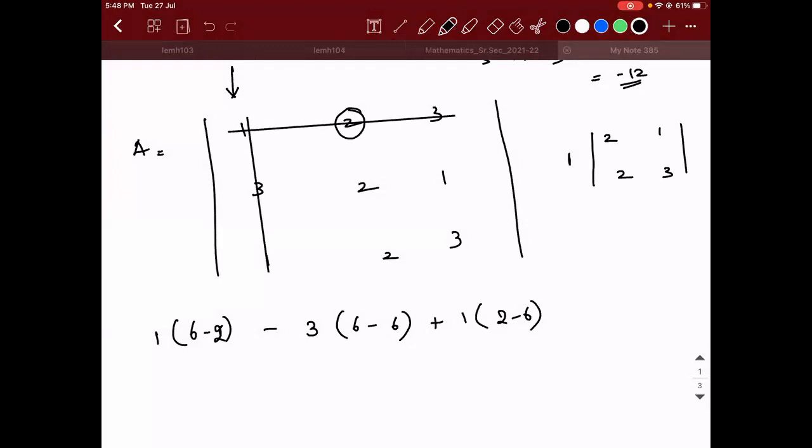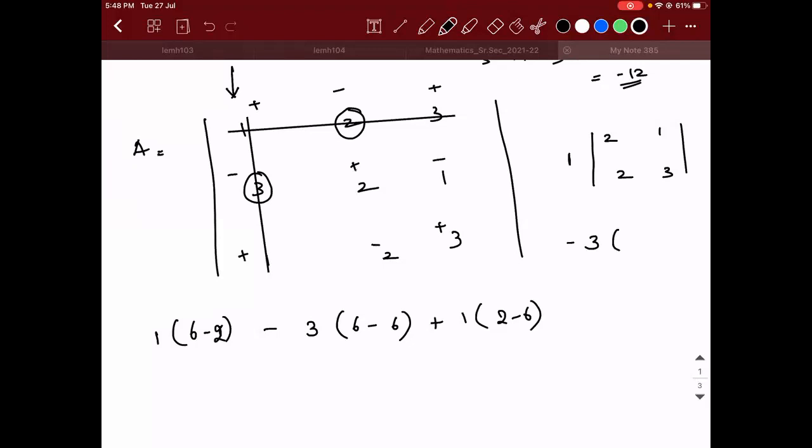But my question is, the next number that you're supposed to use is 3. Nikhilesh, how did you find that it is supposed to be minus 1? Sir, we have to multiply in front of all the operations, sir. Minus 1 to the power i plus j, sir. We have to multiply that row into column, sir. Correct. Suppose here minus 1 to the power 1 plus 1, like that, sir.